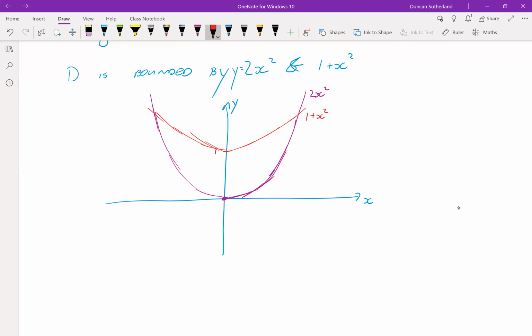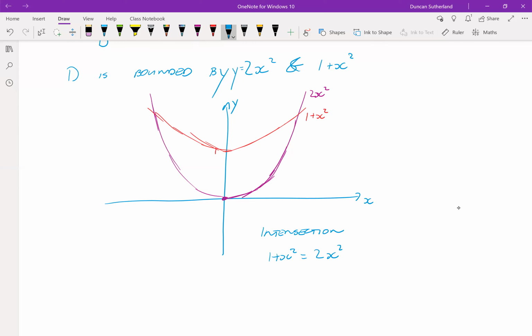Okay, so when does that happen? So we want to find the x coordinate that this occurs at. So obviously, if they're to intersect, they must be equal. So the intersection occurs at 1 plus x squared equals 2x squared, yes?